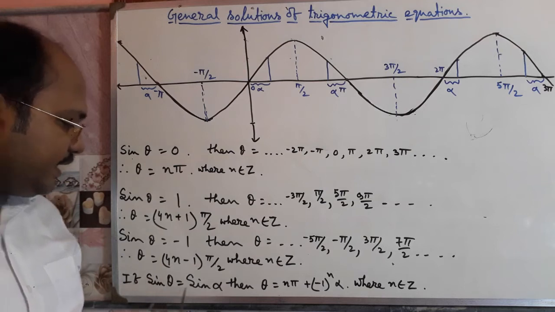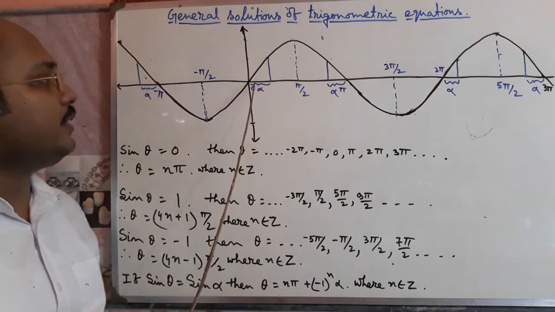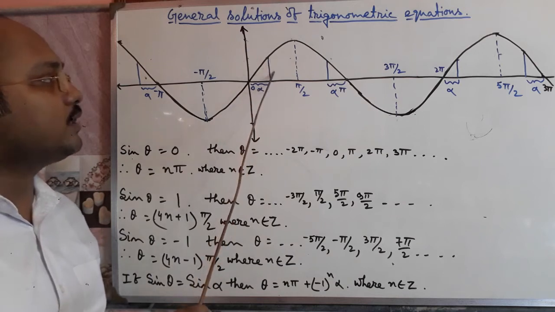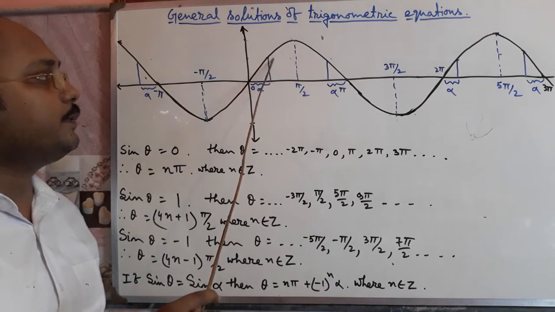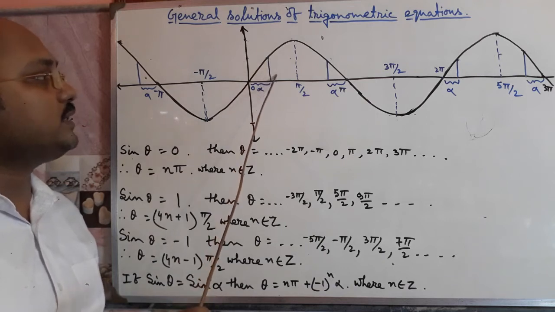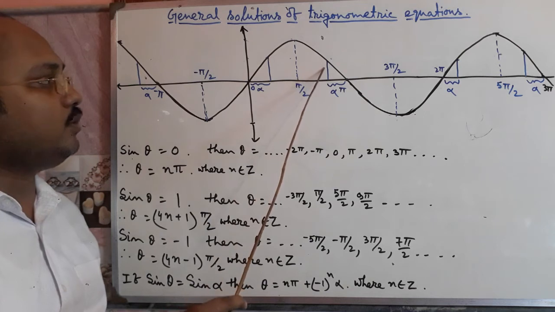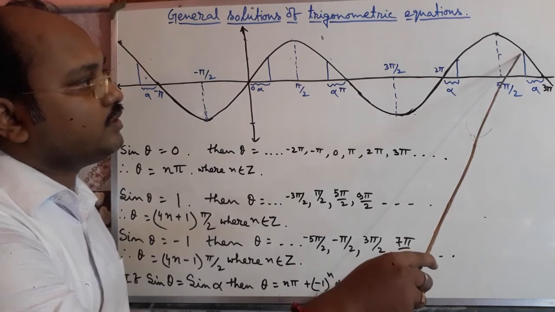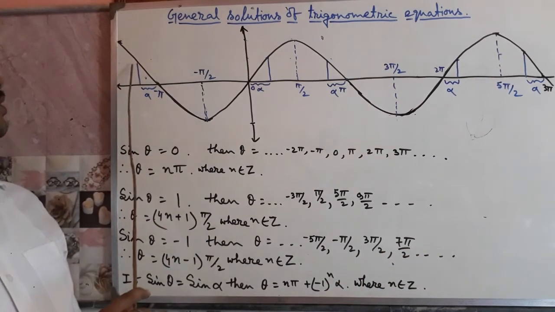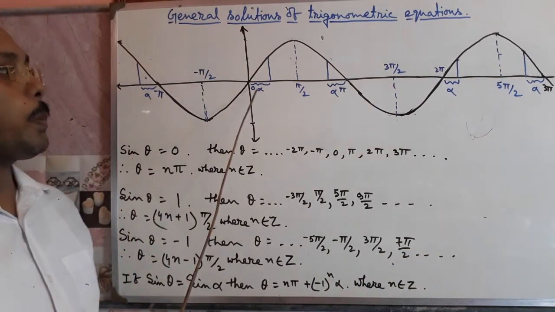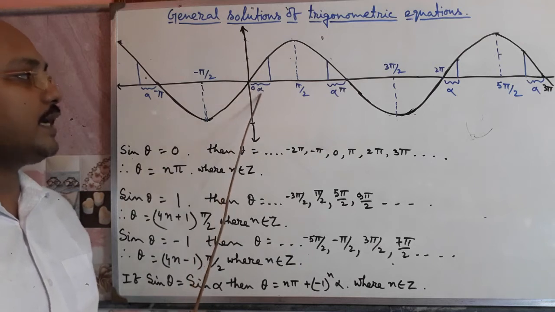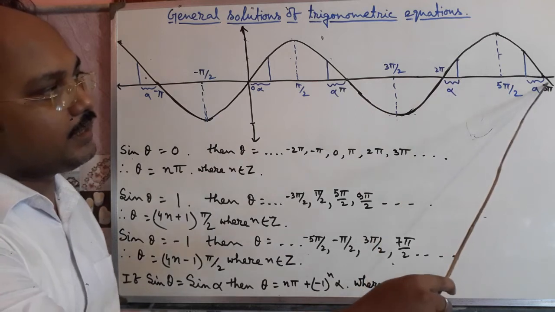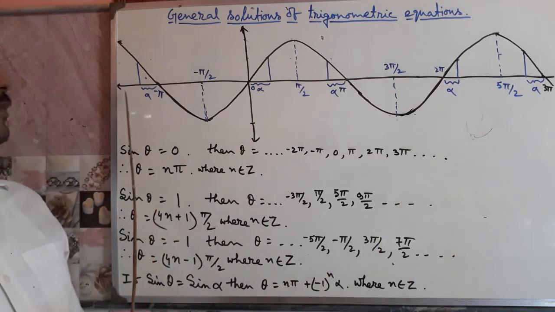Now if sine theta is equal to sine alpha, you see I took this interval as alpha. So this is the length that represents sine alpha. If this one is sine alpha, then this value is also equal to sine alpha, this value is also equal to sine alpha, and here also. That means the value occurs at alpha, pi minus alpha, 2 pi plus alpha, again 3 pi minus alpha, minus pi minus alpha.